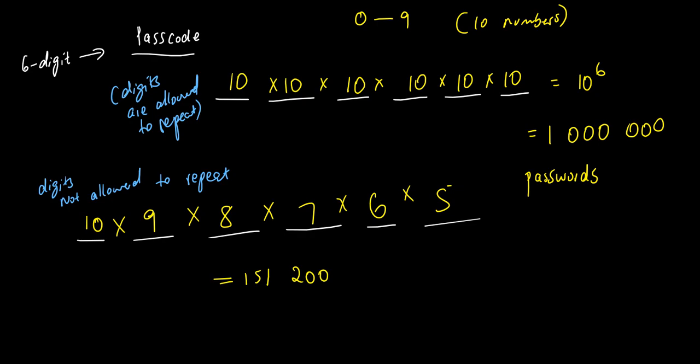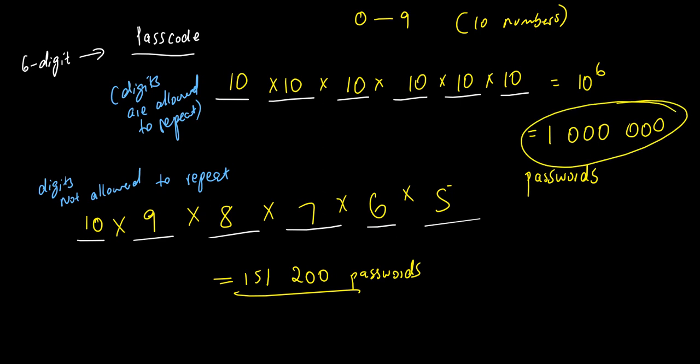So that is going to be around 151,200 passwords. As you can see, the number of passwords now has decreased because the digits are not allowed to repeat. While the 1 million has digits that are repeating and also digits that are not repeating.